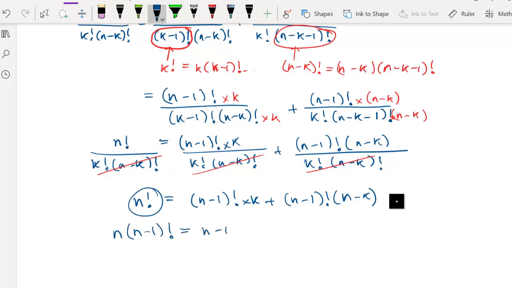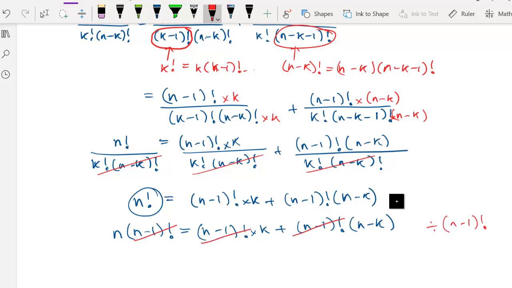Now, if we do that, we end up with a common n take 1 factorial with every term. And once we do that, we can divide everything by n take 1 factorial. And we're left with a much simpler expression or equation. We have n is equal to k plus n take k.